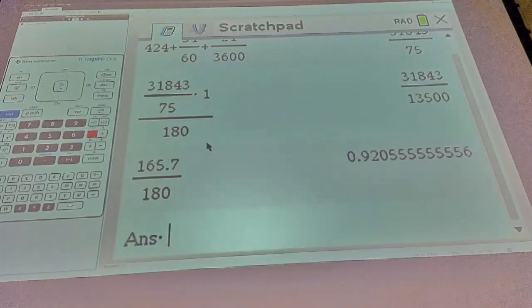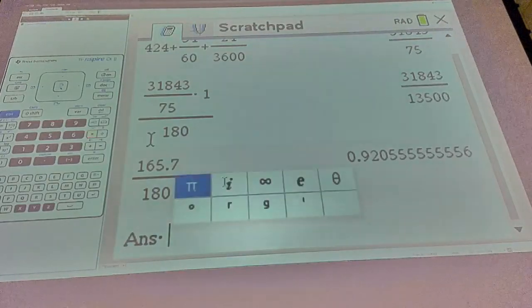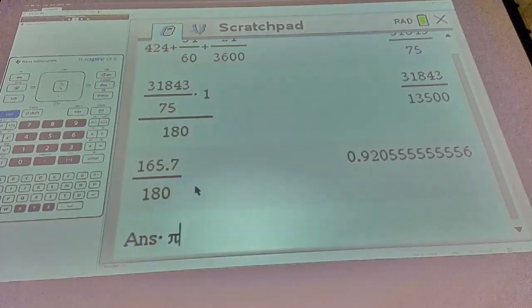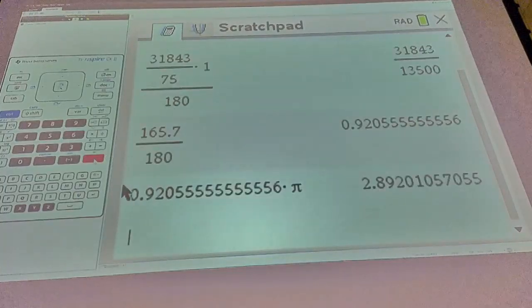As with the number e, you don't want to use the approximation. You don't want to use 3.14. So find wherever the pi button is on your calculator. Again, we want 4 sig figs. 2.892. Both of those answers will be acceptable.